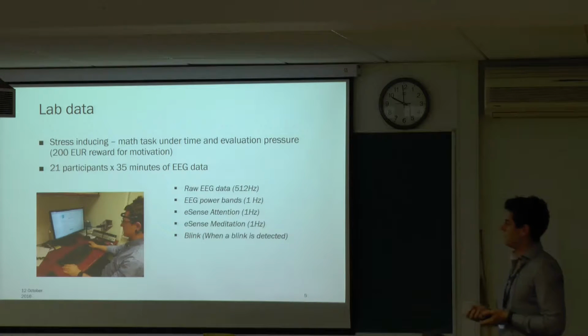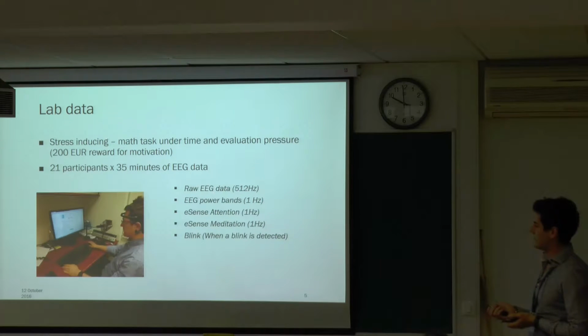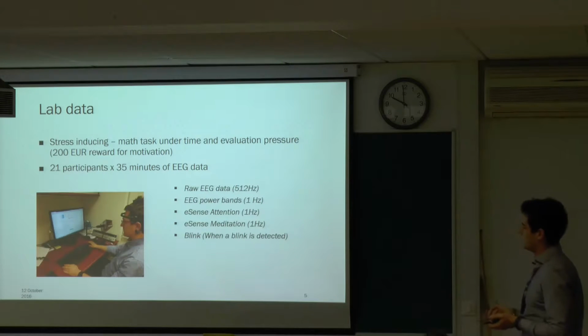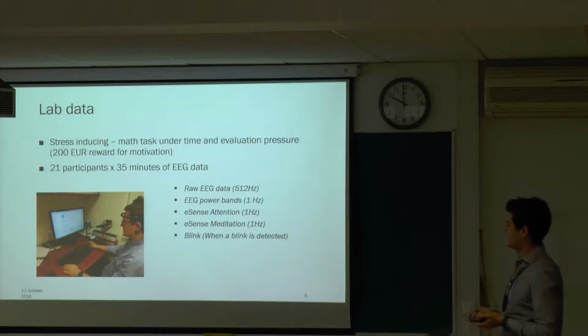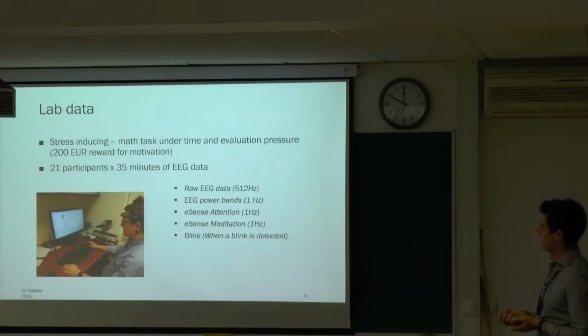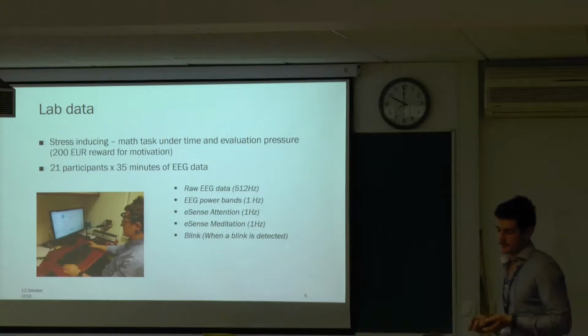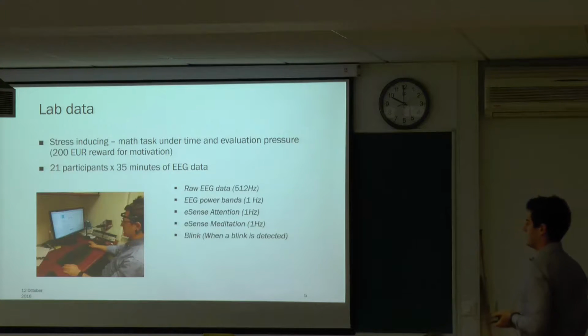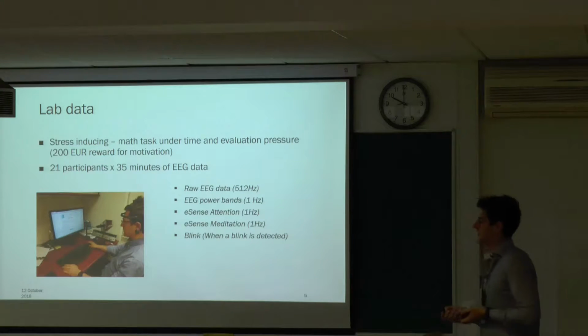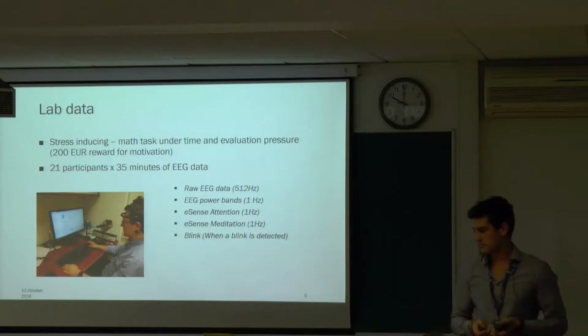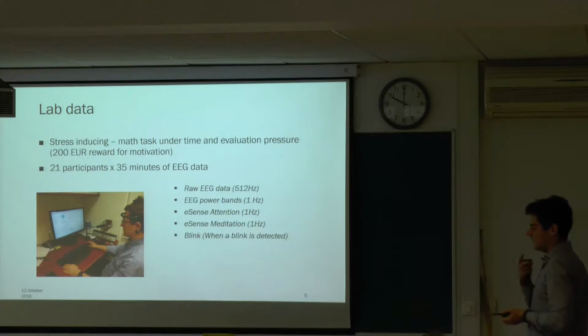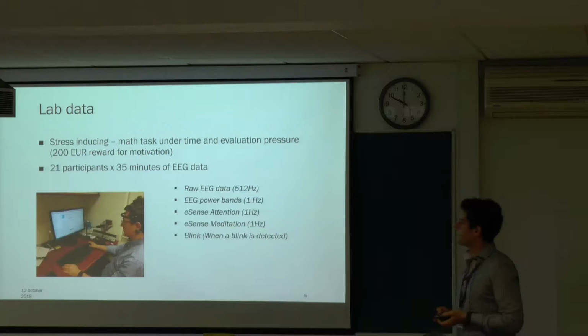Then it also provides frequency power band data, for 7 or 8 power bands, those being alpha, beta, theta, delta, and so on. It also has what we could call a soft sensor, which provides attention data and meditation data, and the EEG device also provides data about the blinks of the eyes of the subject.